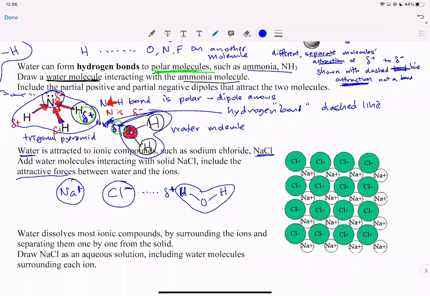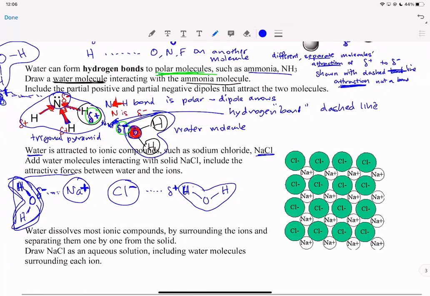So when you have the sodium that is a positive ion, what would a positive ion be attracted to? A positive ion is going to be attracted to a partial negative, and when you're talking about water, that is the oxygen part. So the oxygen is the partial negative of this water molecule. That's that bent shape. And that partial negative is the dashed line to that positive.